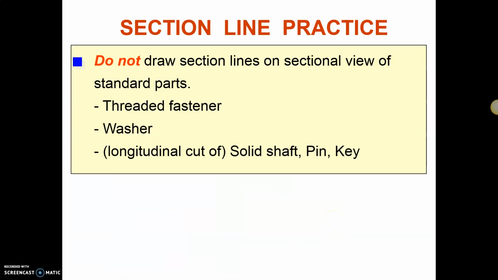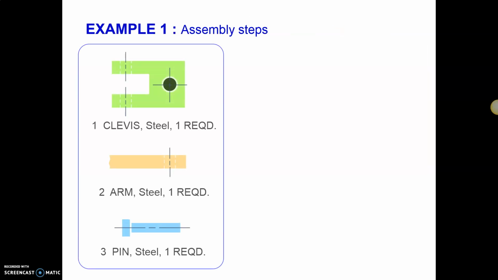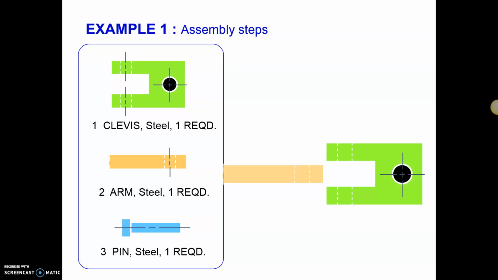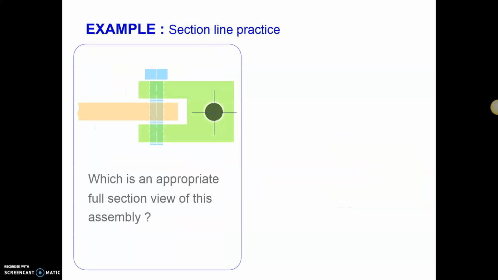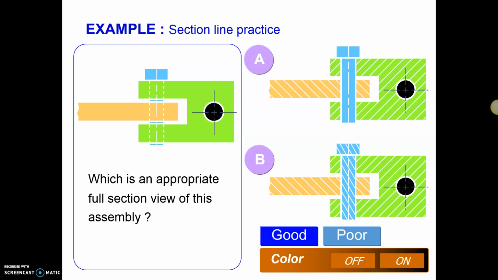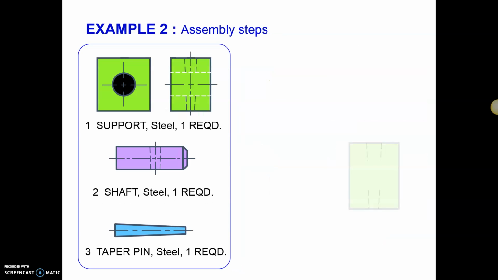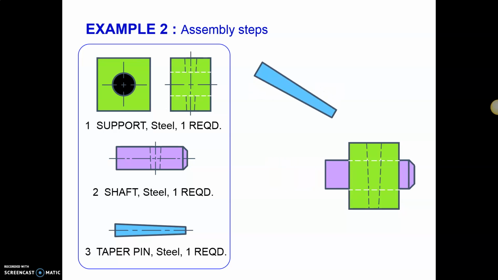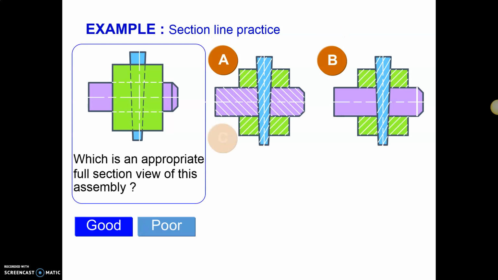And do not draw section lines on the sectional view of a standard part is another practice that you can try to understand by doing this exercise. It's really interactive. You can do it on your own, and after you do it, you can get more understanding about the practices that have been highlighted here.